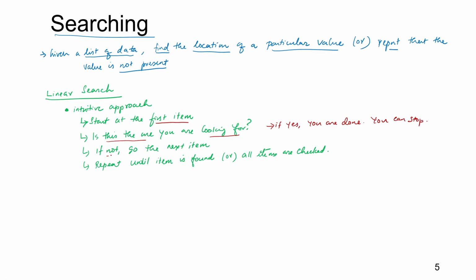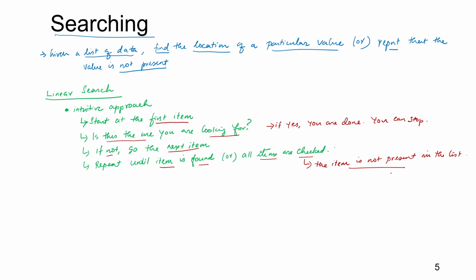If it is not, then what do you do? You go to the next item. And when will you stop? You stop when the item is found, or you have completed all items. If this is the case, it means the item is not present in the list, if you check through all the items and nothing is found.